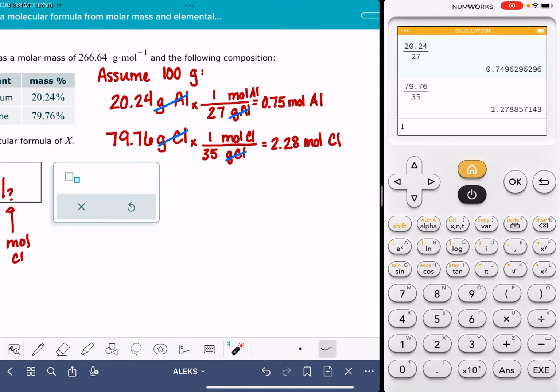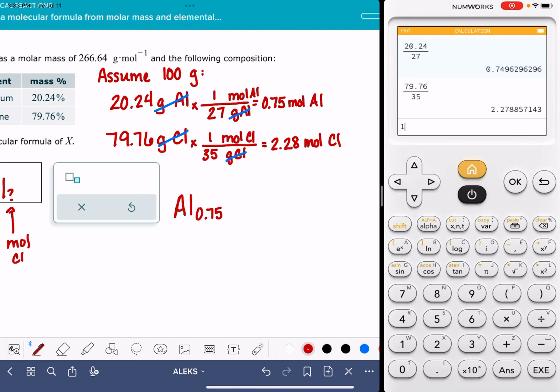It's not quite done because that mole-to-mole ratio is not in conventional format. So let me write down what we've done so far. We've determined that the ratio is aluminum 0.75, chlorine 2.28. And you know from experience that these numbers are typically whole numbers like 1 or 2 or 5. They're not decimals. Don't be tempted to round to the nearest whole number.